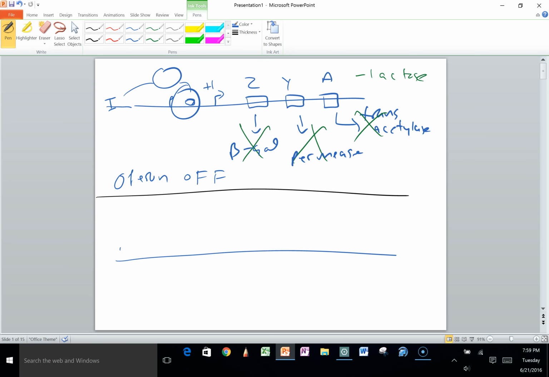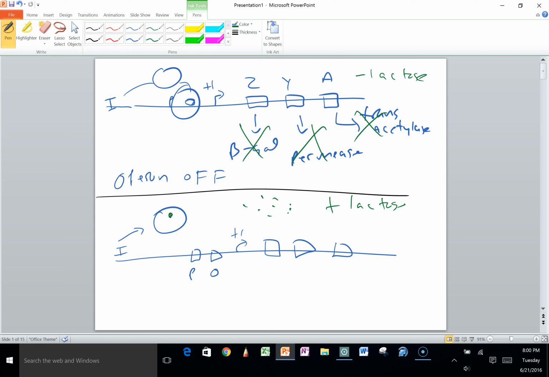In the presence of lactose, the I gene still makes the repressor, and we still have a promoter, an operator, and a transcription start site. You have these genes, but now we have plus lactose, so we've got a bunch of lactose.